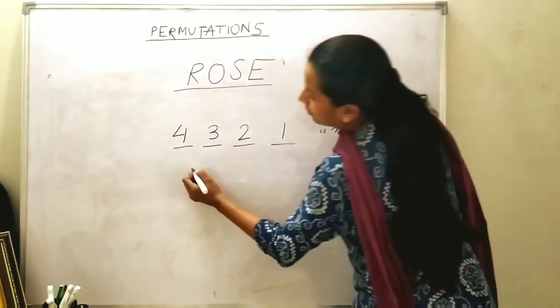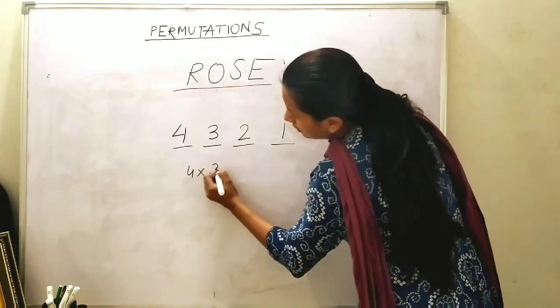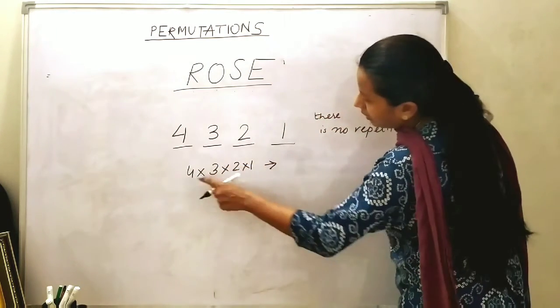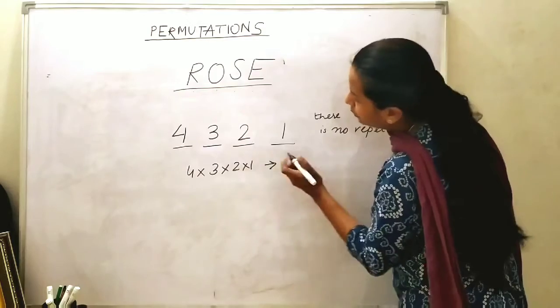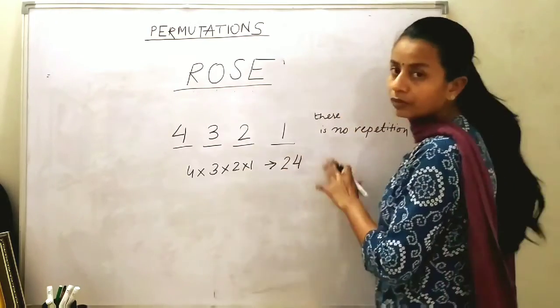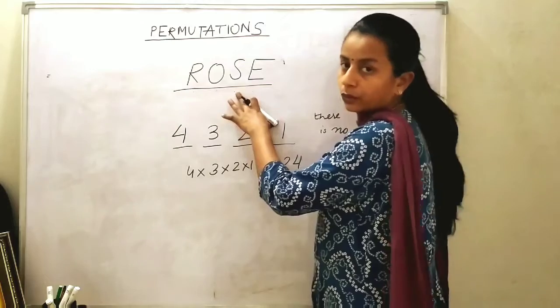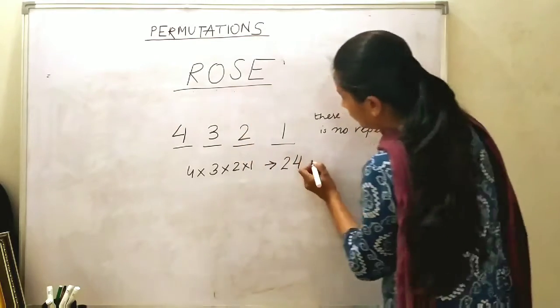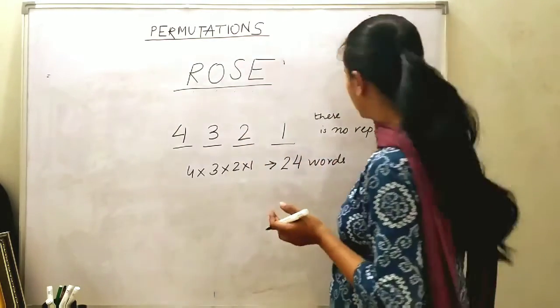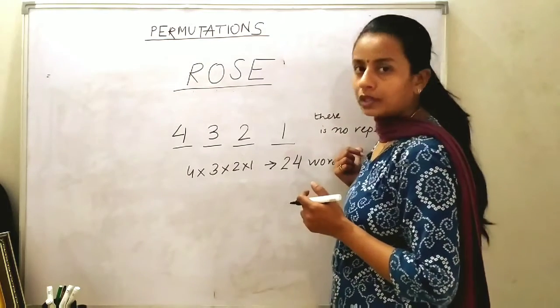Now multiplying these, we get 4 into 3 into 2 into 1, that is 24. So we can make 24 words out of ROSE, with meaning and without meaning, when there is no repetition.